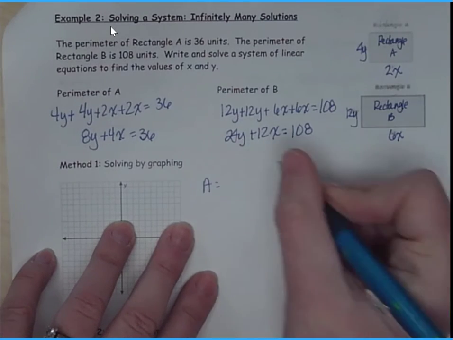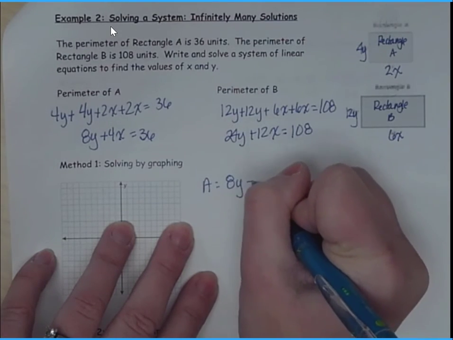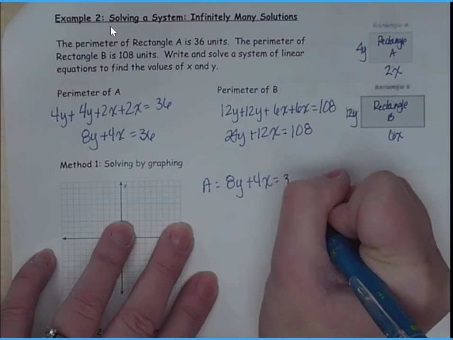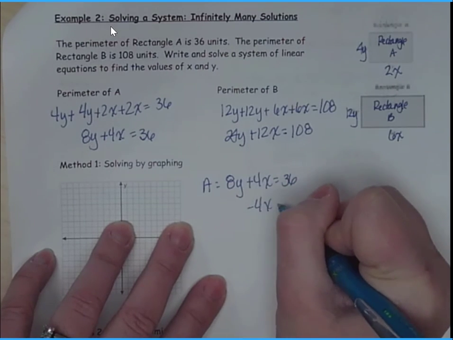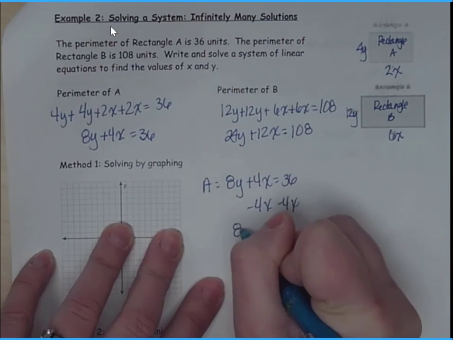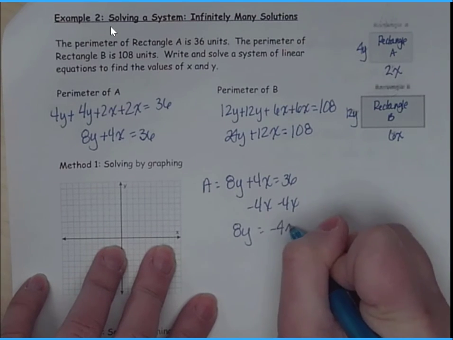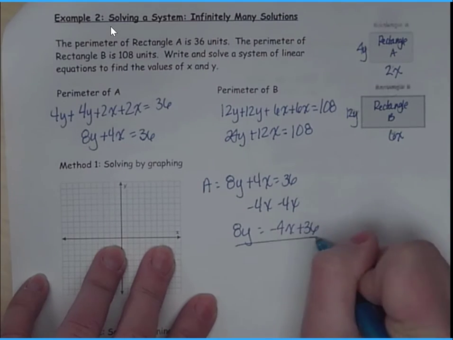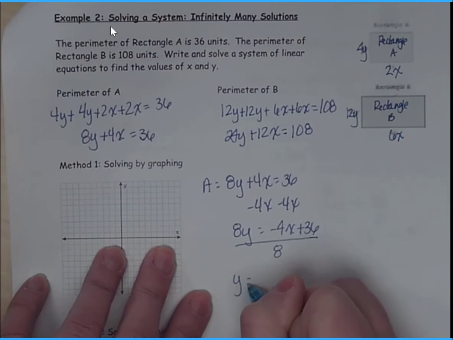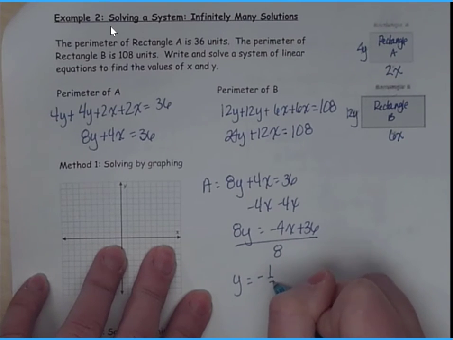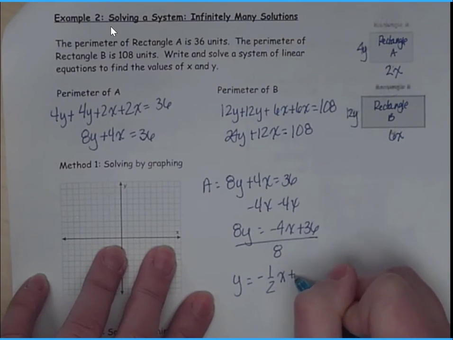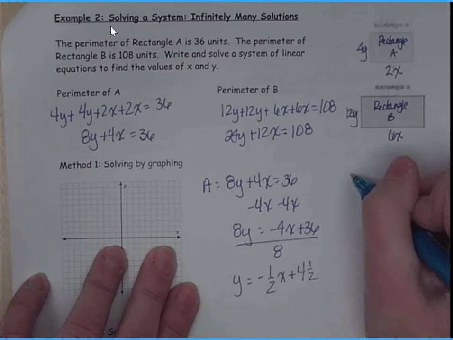So if I take a look at A, I have 8y plus 4x equals 36. I want to solve for y, so we end up with y equals negative 4x plus 36. Divide by 8, so y equals negative 1/2 x plus 4 1/2.